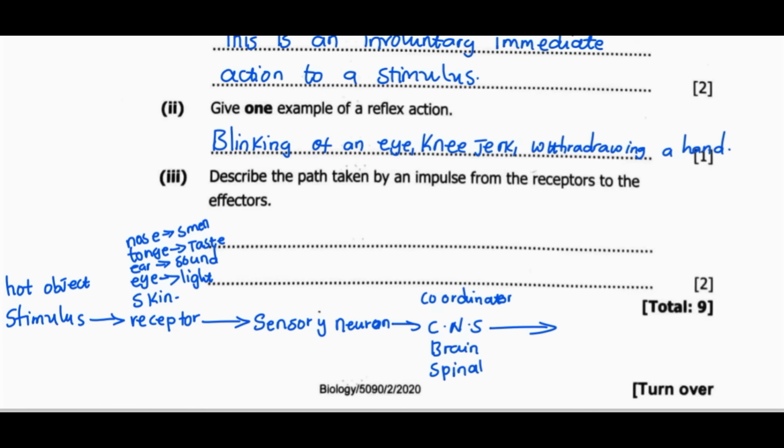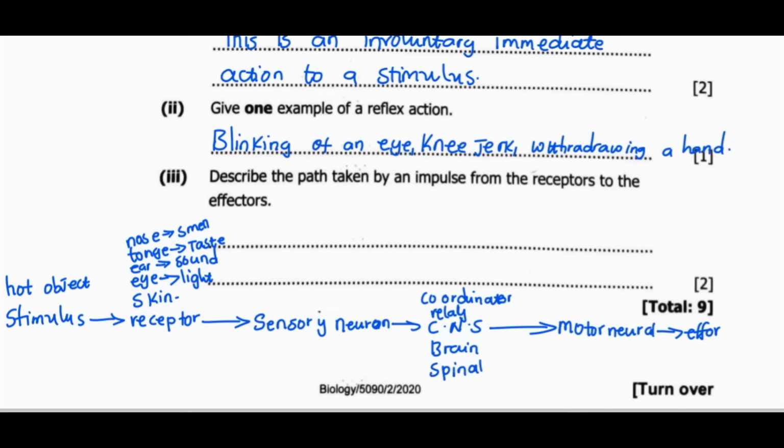In the central nervous system, this is where the relay neurons are found. Then from there, we are going to have the motor neuron. The motor neuron will carry the information that is being transported. Then from the motor neuron, you are going to have the effector.